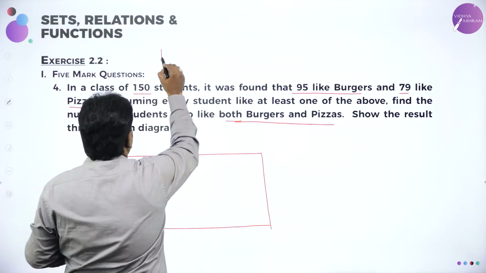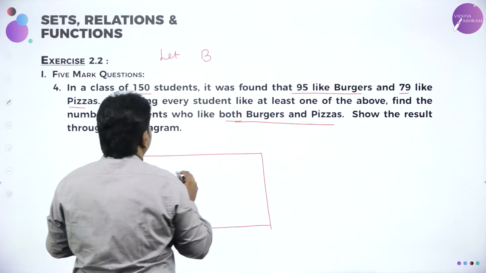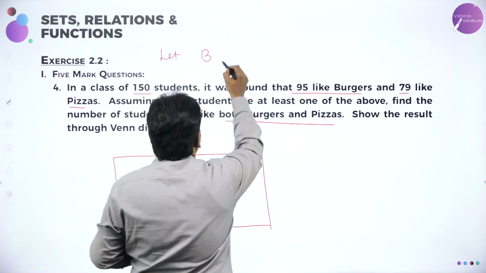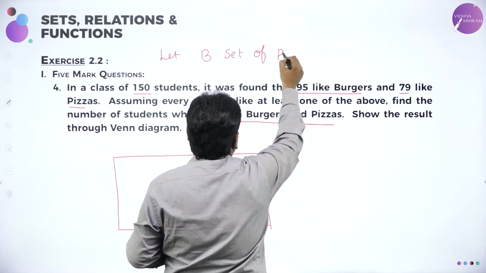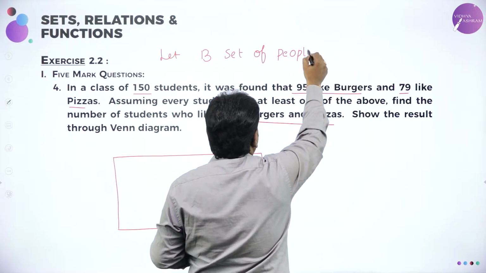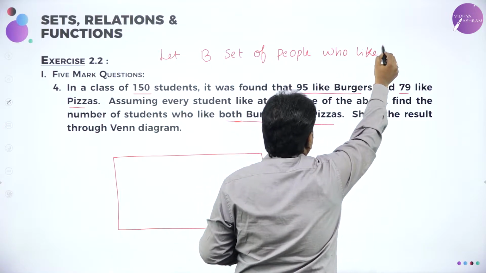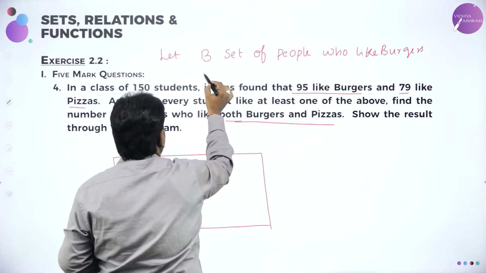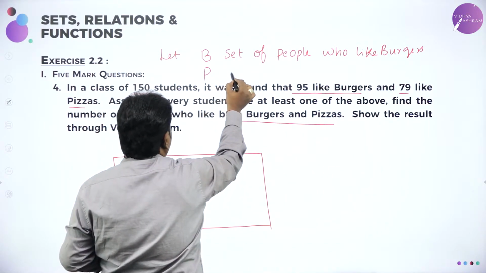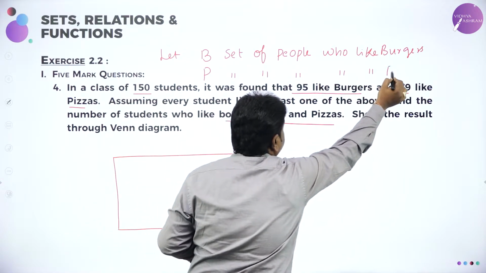So, we will assume let B be the set of people who like burgers. Similarly, set P, set of people who like pizzas.